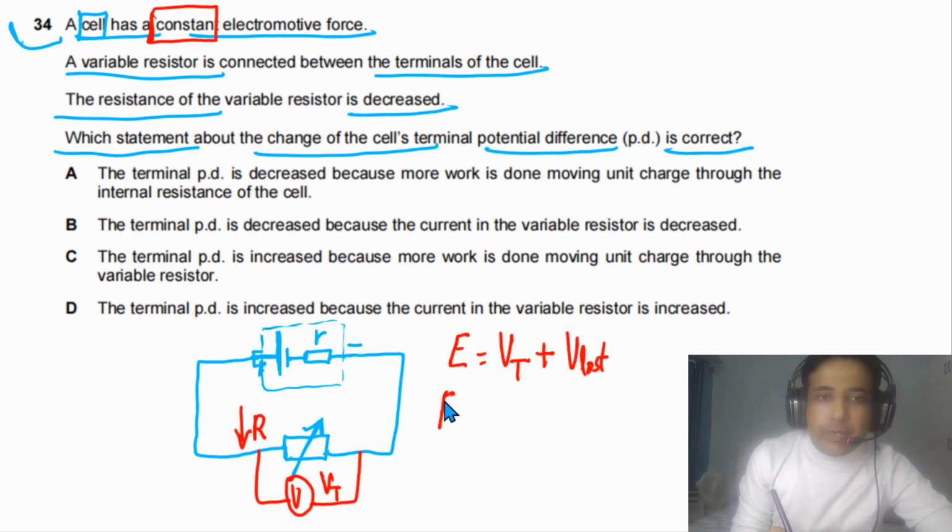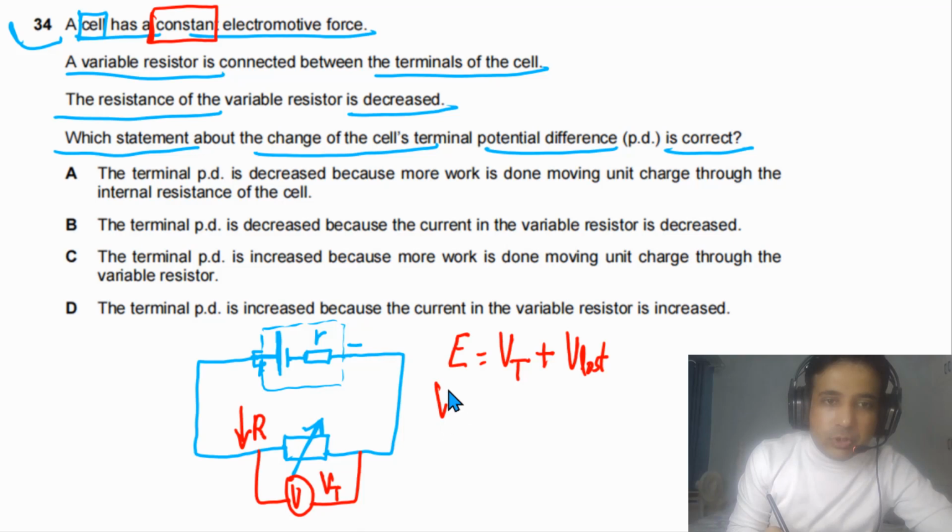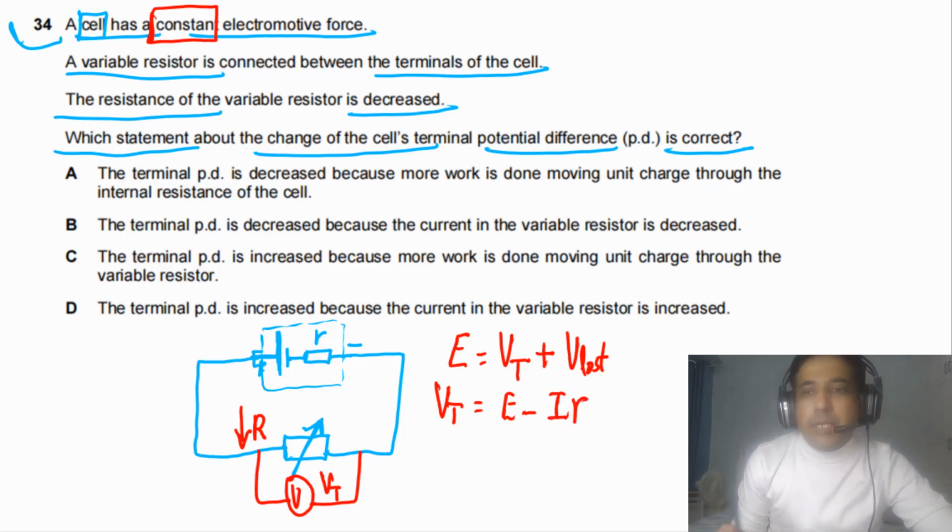We can rewrite this one. We can make Vt the subject because we have to explain the change in Vt, meaning the terminal potential difference. Terminal potential difference is equal to EMF minus V lost, and V lost we can say is I times r. So if we decrease this resistance, the current in the circuit will increase, but internal resistance will not change.